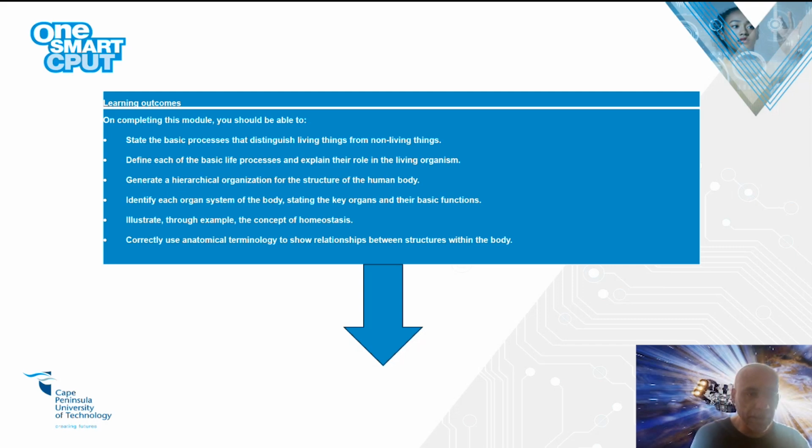Just one topic that I covered here that I'm going to use as an example was the body plan and organization, which covers basic processes that distinguish living things, and defines each of the basic life processes. It covers the hierarchical organization or structure of the human body, and also identifying each system.